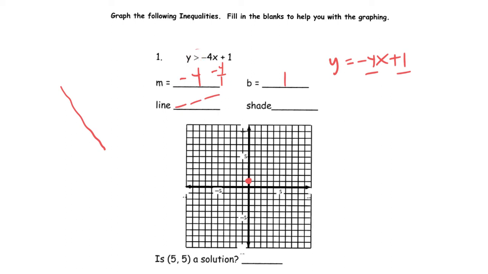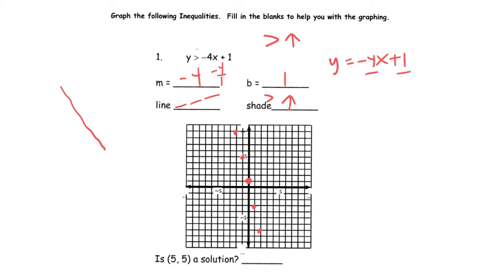And since it's greater than, we're going to shade up. So let's draw our line and plot our points: negative 4, which means we're going to have a point there and right there, and then down 4 more, and so forth. Make sure you plot all the points.